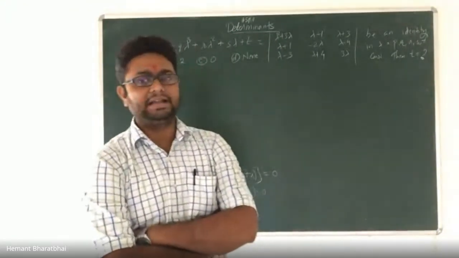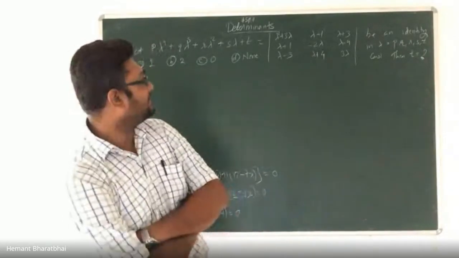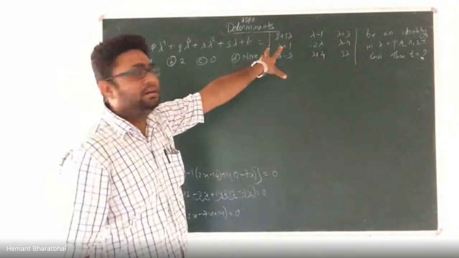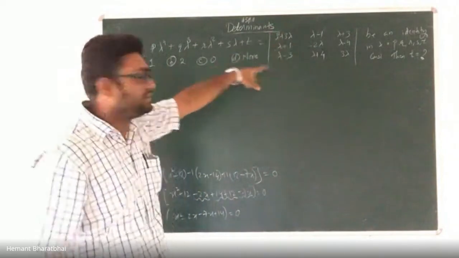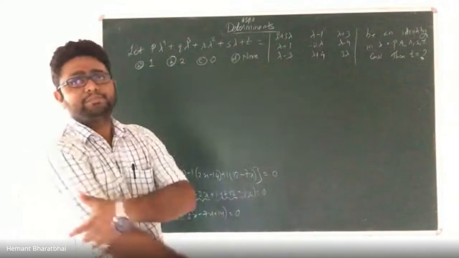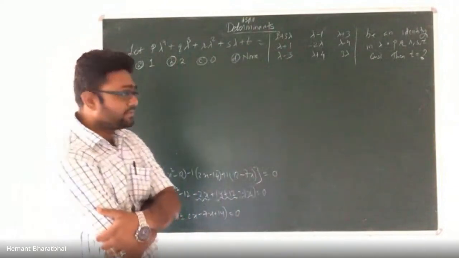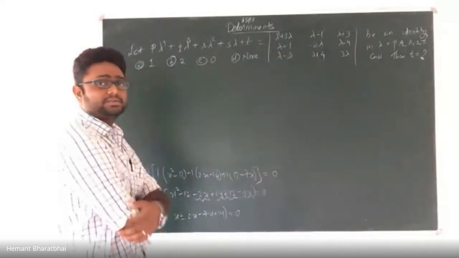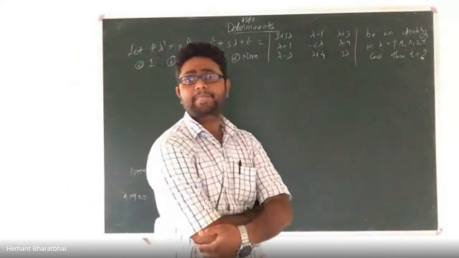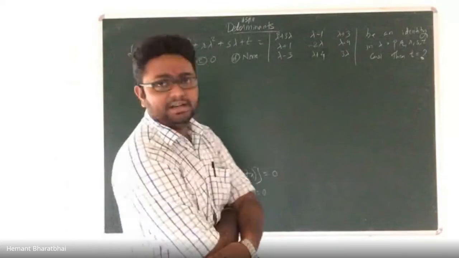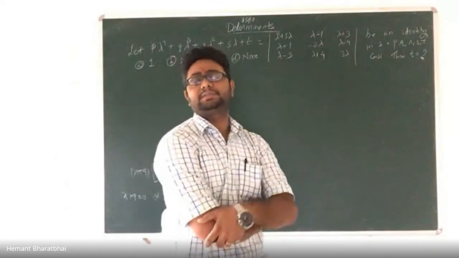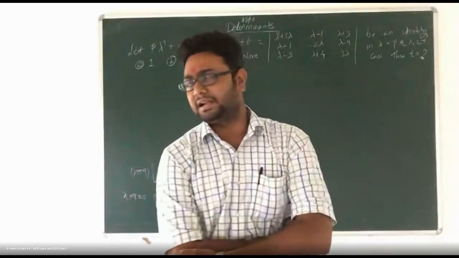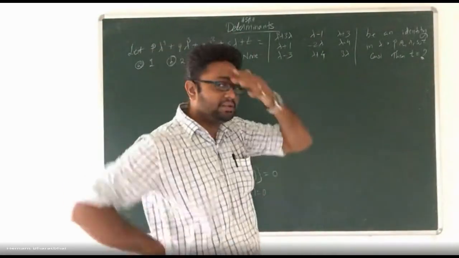Then it is called an identity. So here he is saying that the value of this determinant is given by P lambda raised to 4 plus Q lambda cube plus R lambda square plus S lambda plus T, and it is an identity in lambda, like sin square x plus cos square x equals 1 is an identity in x. Then what should be the value of T?